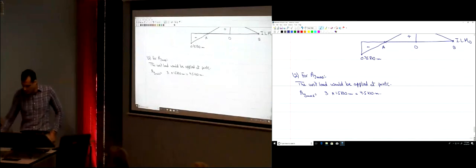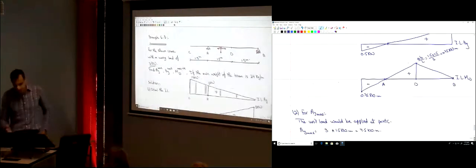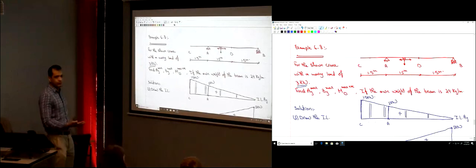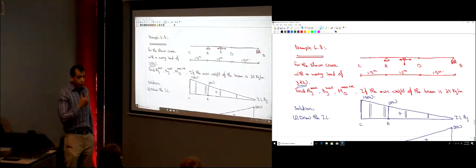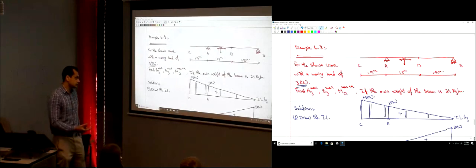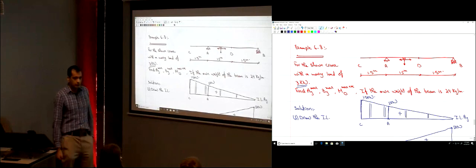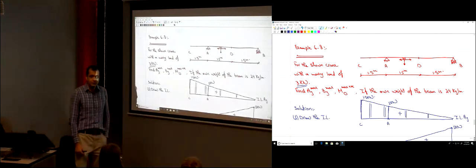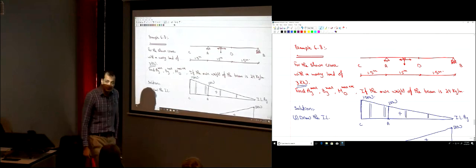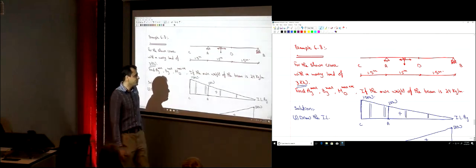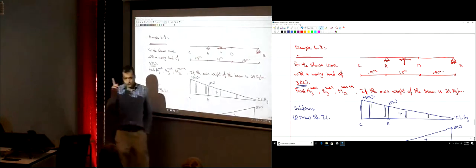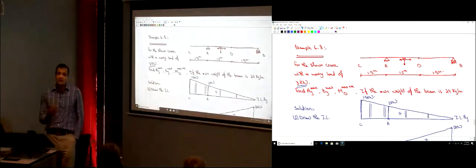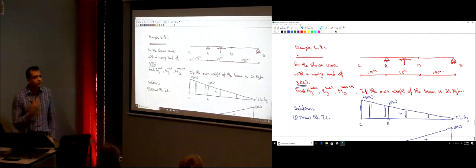It says the weight of the beam itself is 24 kilograms per meter, okay? Where is that load applied? Over the whole beam. Not because it's all positive over here, but because this is a dead load. This is the weight of the beam. It's not a moving load.